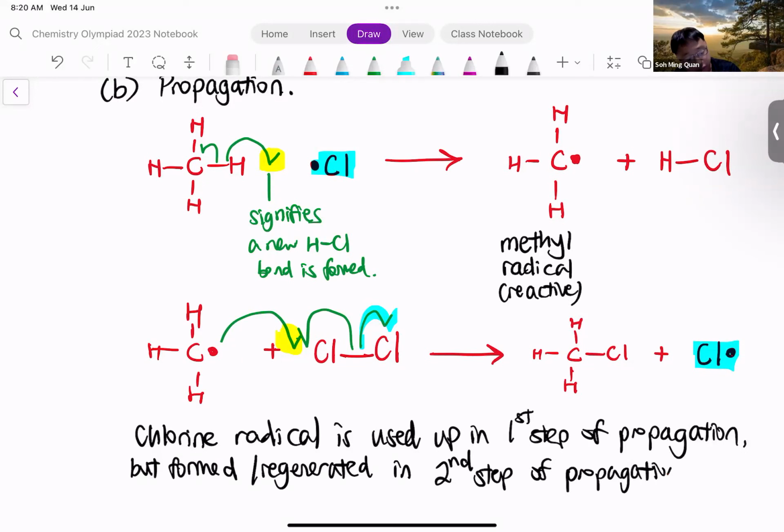So this should sound familiar to you. We have seen similar situations before where something is used up in the first step and formed back in the second step. Okay, now this means that the reactions will continue on and on and on and on. So this leads to a chain reaction.